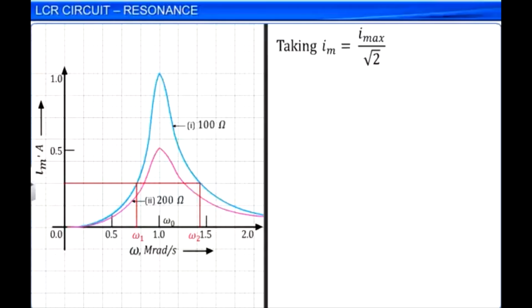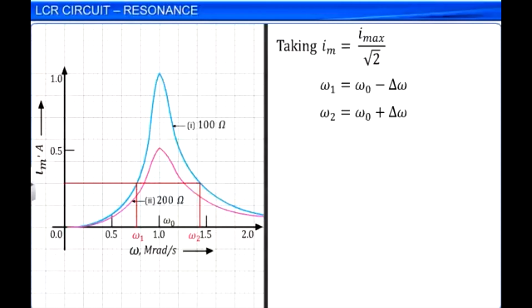From the graph, we have omega 1 is equal to omega naught minus delta omega, and omega 2 is equal to omega naught plus delta omega, where delta omega is the difference between omega naught and omega 1 or omega 2. Hence, the difference between omega 2 and omega 1 is equal to 2 delta omega.